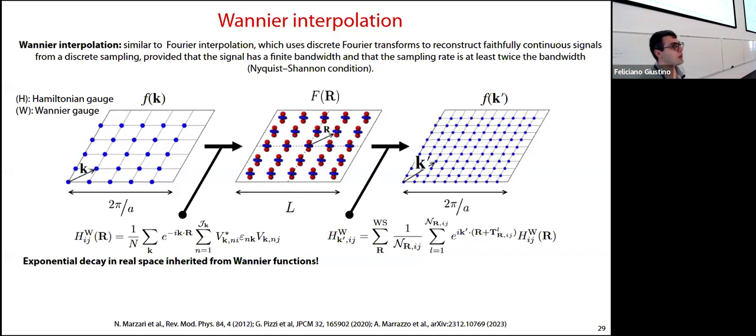So there is no point in doing this Wannierization on a very, very dense grid, because you simply add zeros to your representation in real space, okay? So this is why with a dense grid, you can exactly represent your Hamiltonian in real space through Wannier functions. And once you do a reverse Fourier transform, so you go back to reciprocal space, you can reconstruct your Hamiltonian at an arbitrary k point in reciprocal space exactly, okay, with no loss of accuracy again.